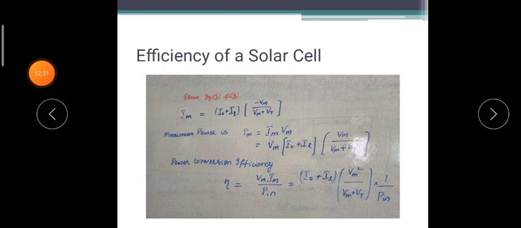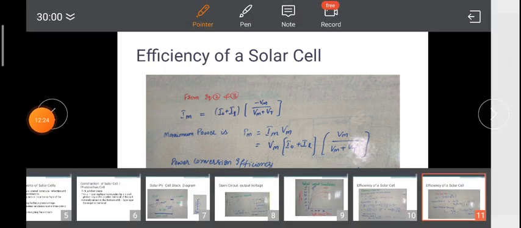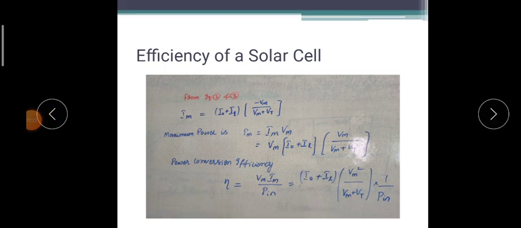The efficiency of a solar cell can be given by eta is equal to Pm by input power, that is equal to I naught plus IL into Vm square by Vm plus Vt into 1 by input power, where input power or Pin is equal to incident power of sun onto the solar cell.